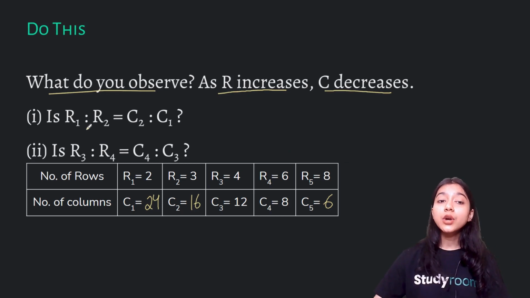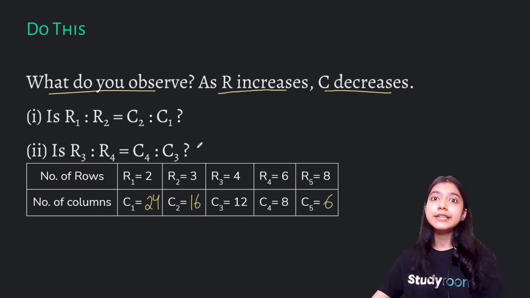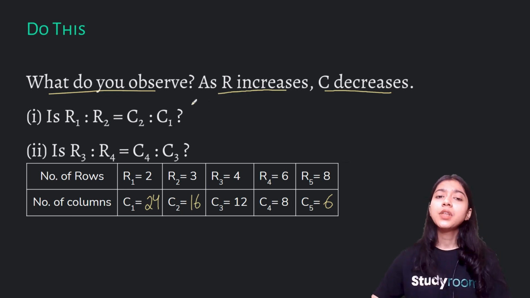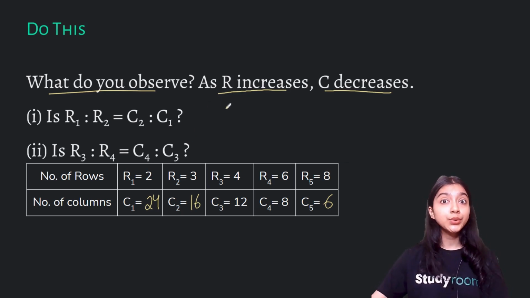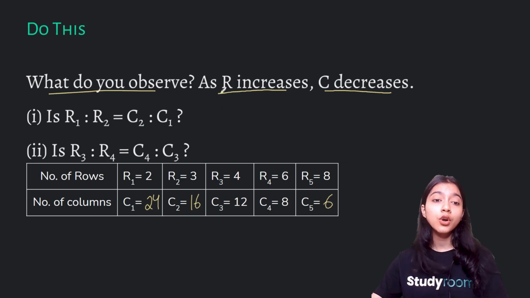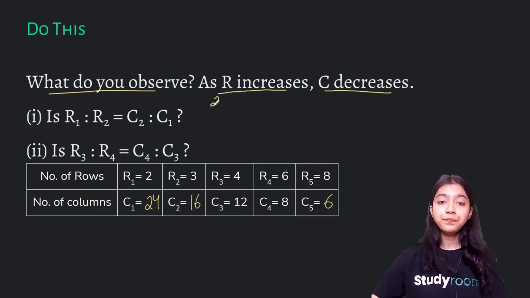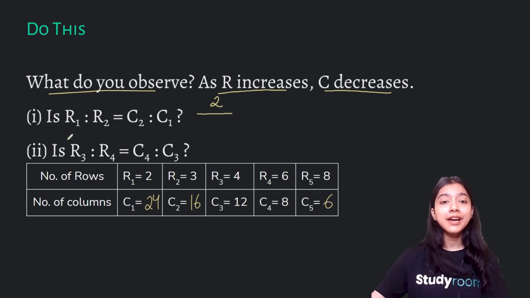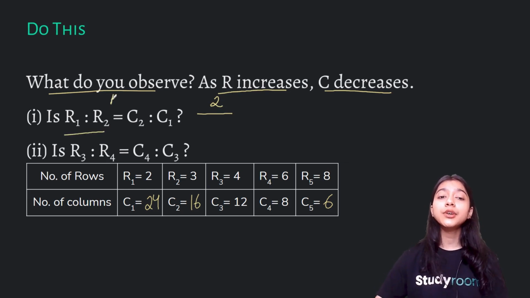Now, is R1 is to R2 equal to C2 is to C1? We have to calculate this. Let's check whether R1 is to R2 is equal to C2 is to C1 or not. This is a ratio, which simply means dividing these two quantities. R1 is to R2 is R1 divided by R2.